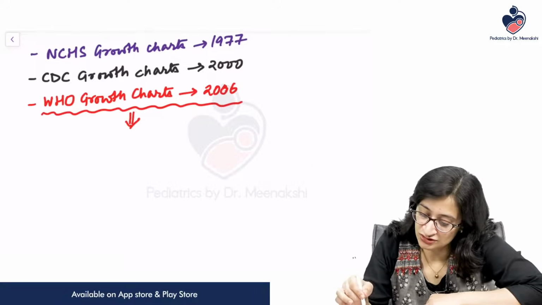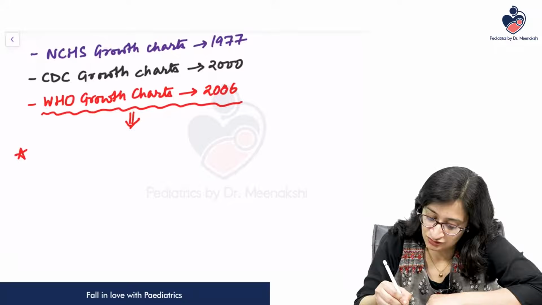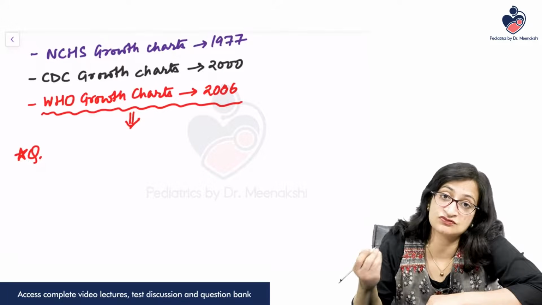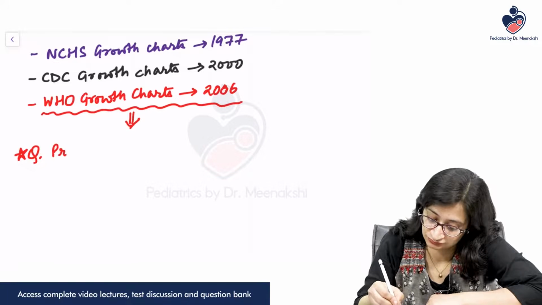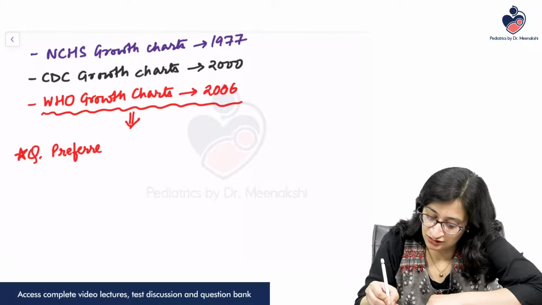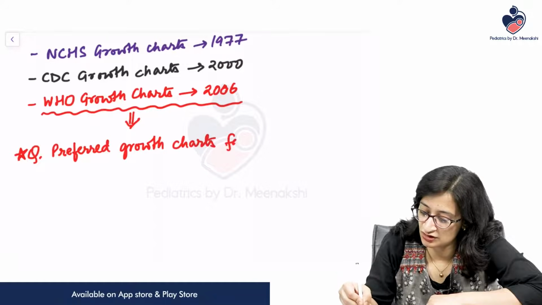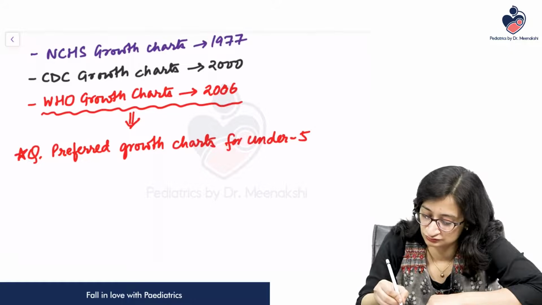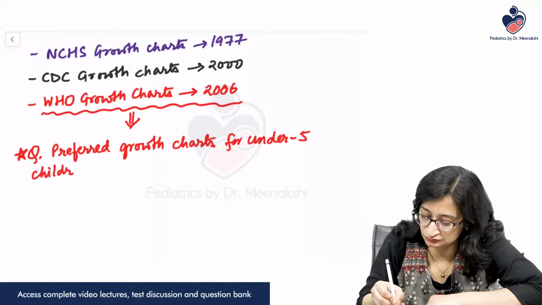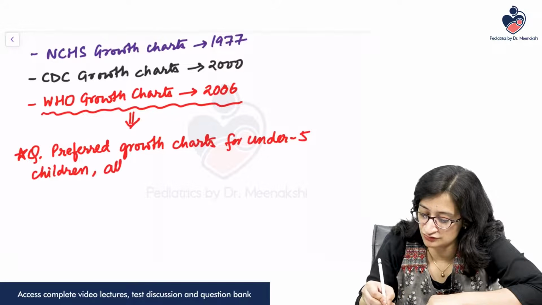These WHO growth charts are the preferred growth charts, or growth charts of choice, for under 5 children all over the world.